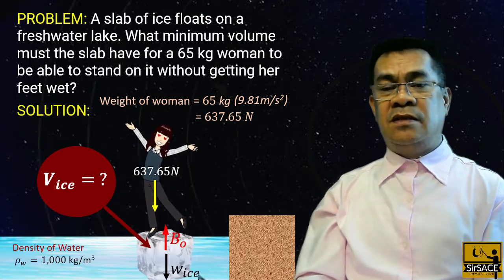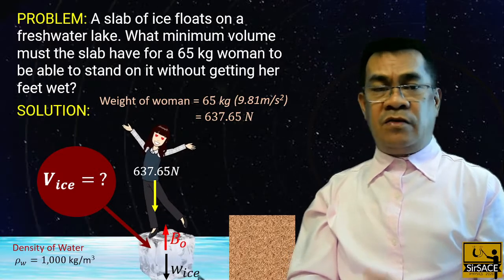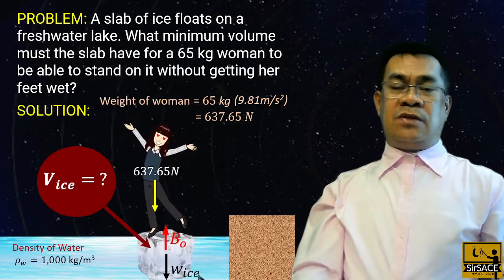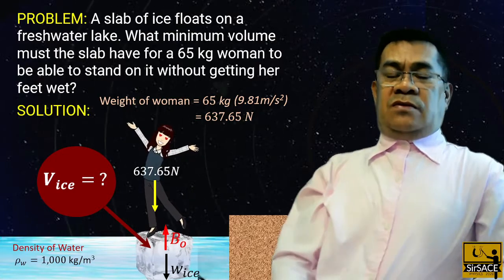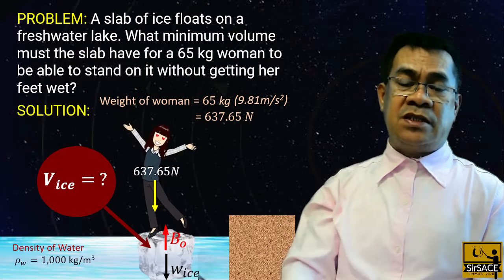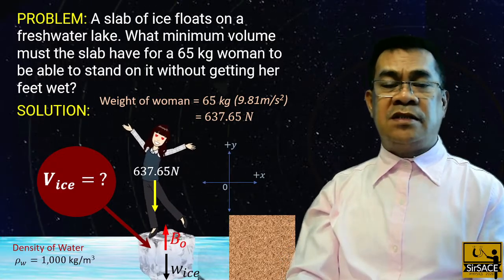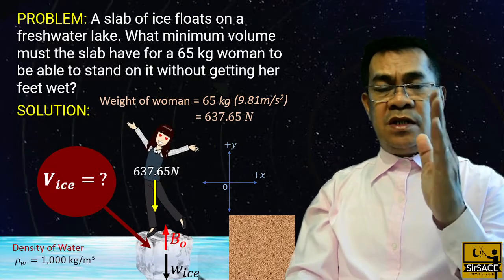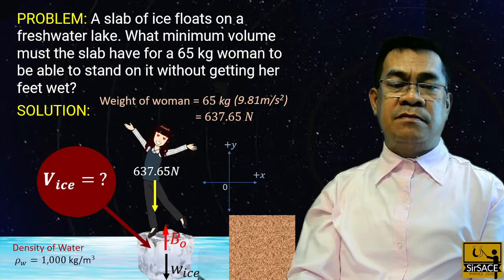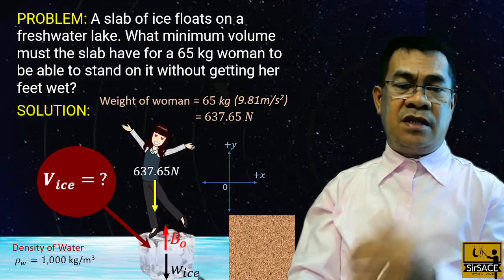Now, remember in our previous topic in Newton's law, that in order to apply Newton's law, you need to overlay the Cartesian coordinate system. So we will assign the Cartesian. In our assumption, upward forces must be positive, downward must be negative, and forces along x, to the right positive, to the left negative.